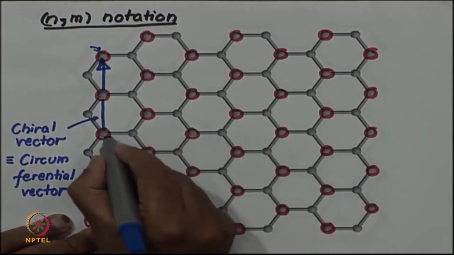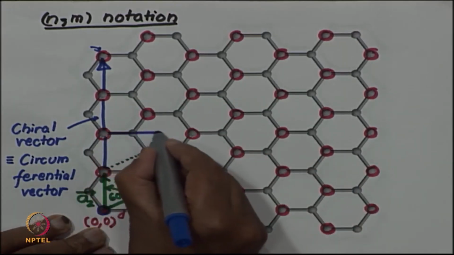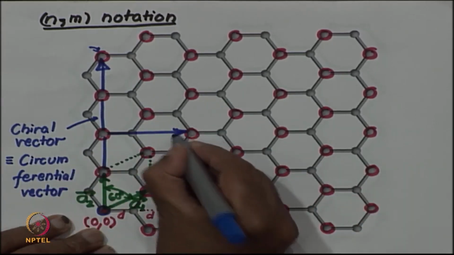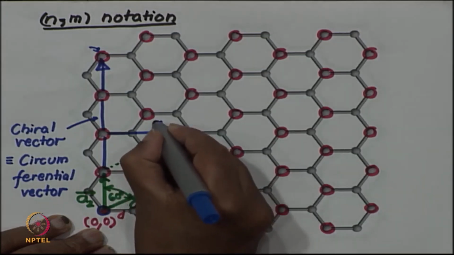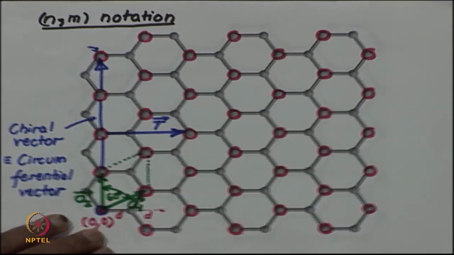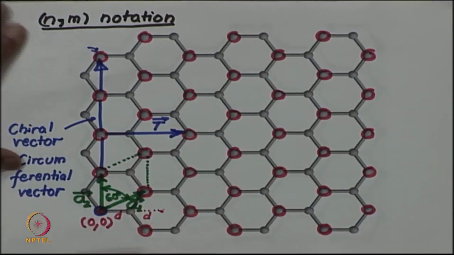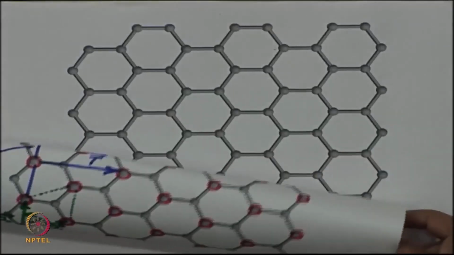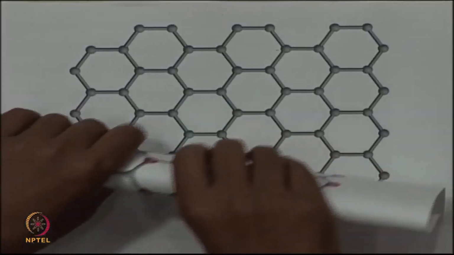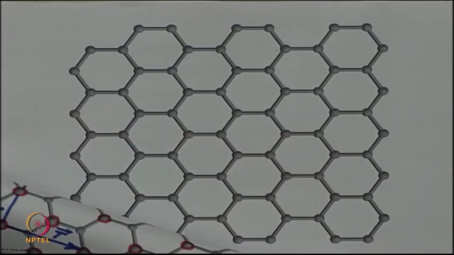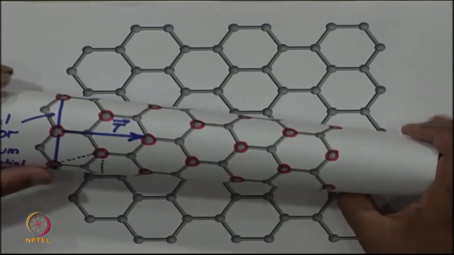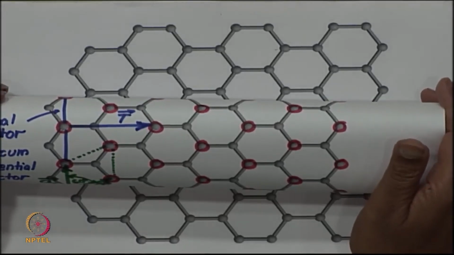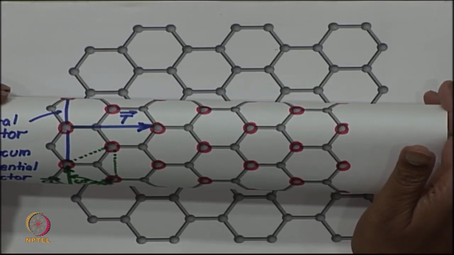Obviously, a vector normal to the circumferential vector, for example, a vector like this, let me call that T, will form the axis of the tube. So, this tube will be folded like this: the circumferential vector becomes the circumference and the vector perpendicular to the chiral vector becomes the axis of the tube.